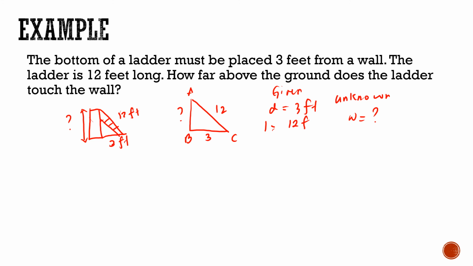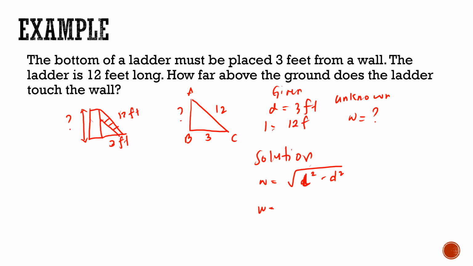Again, we will simply apply the formula. Since the longest side is given, let's say W is equal to the square root of the longest side squared minus the shorter side squared. This is L squared minus B squared.